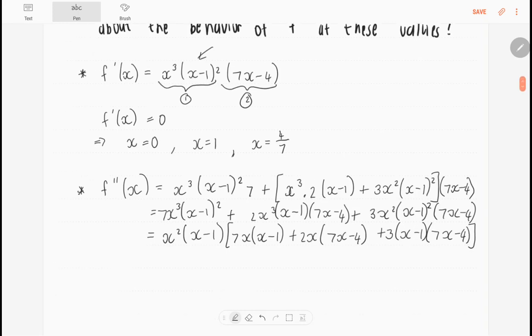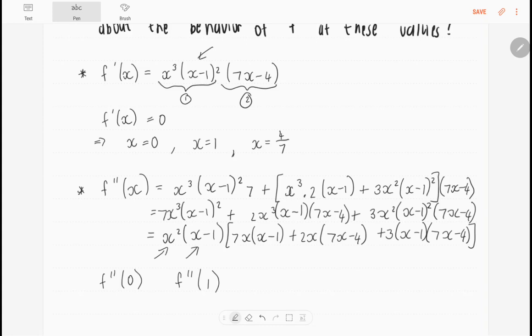So, from here we can now see that the second derivative at our first critical value, which is 0, will just be 0. Because if we substitute 0 in here, it's going to cause the second derivative to be 0. F's second derivative at our second critical value, which is 1, will also be 0.